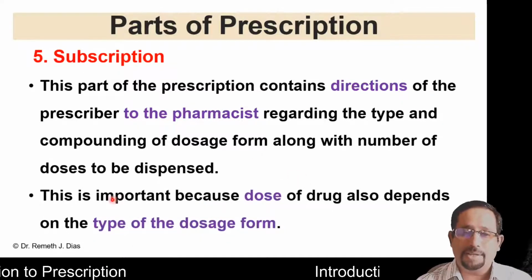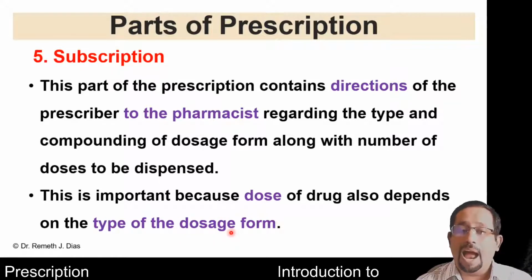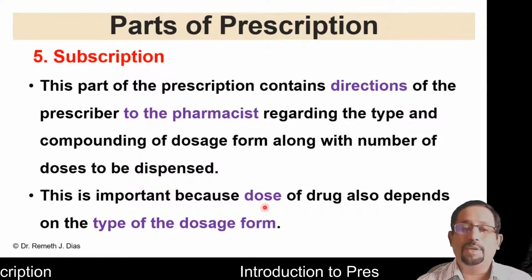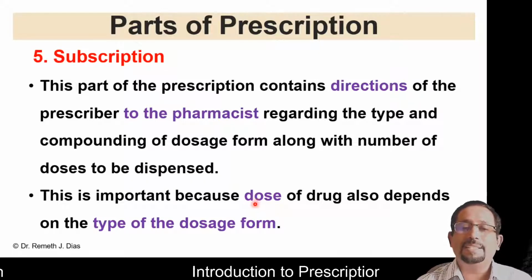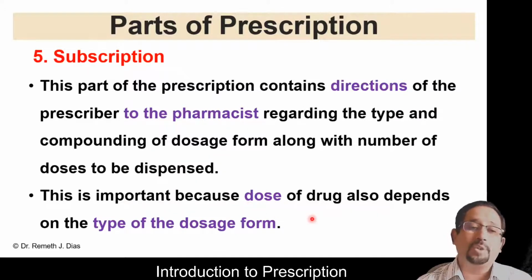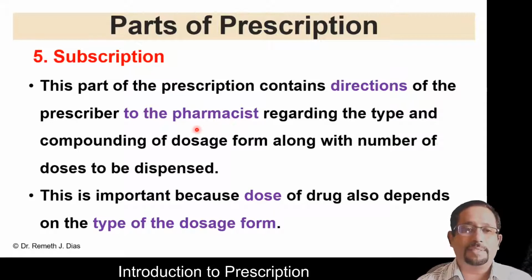And this is important because the pharmacist will come to know which is the dosage form, and based on that the dose can be checked, because we know if it is the dosage form which is to be given by intravenous route, then the dose is very small, while the same drug given by oral route will have the larger dose. So subscription, directions given to the pharmacist.